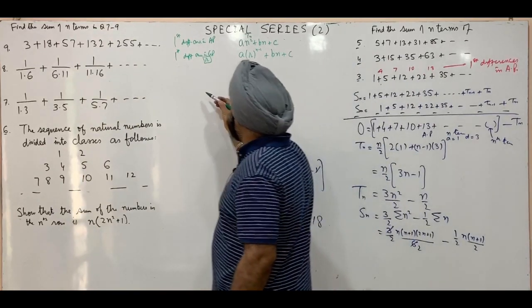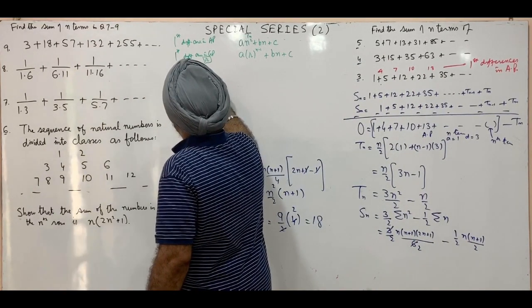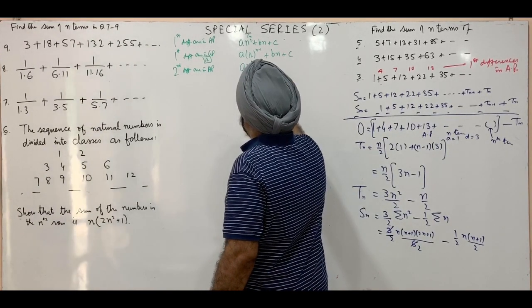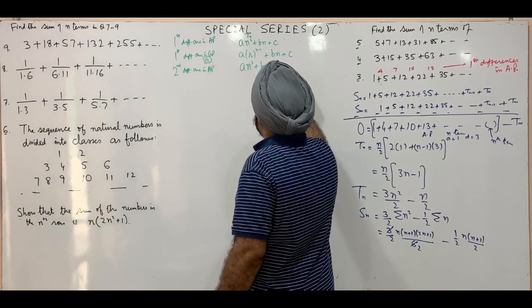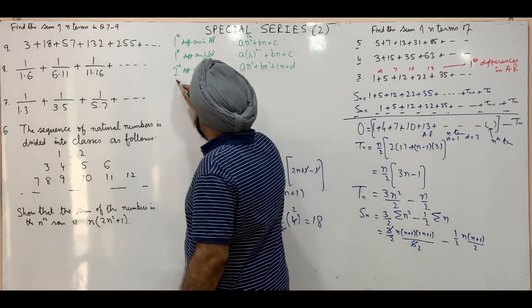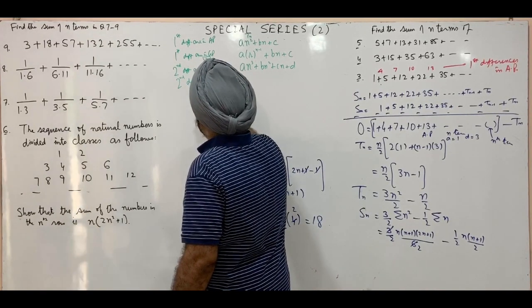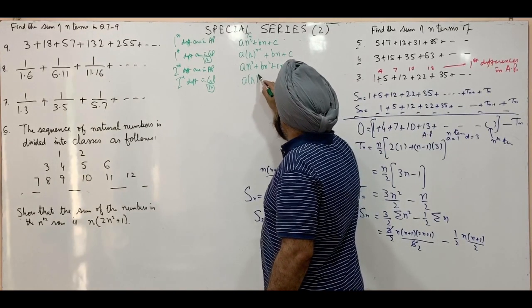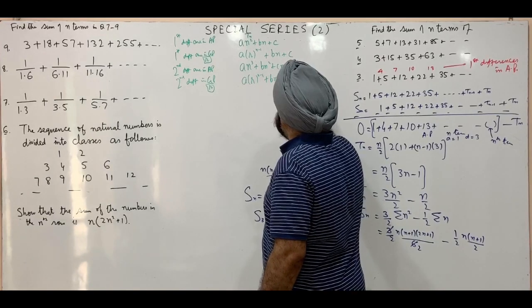The third one, if second differences are in AP, then the nth term is of the form, it's now cubic, an cube plus bn square plus cn plus d. And if second differences are in GP with common ratio of r, then it's a into r raised to n minus 1 plus bn square plus cn plus d.